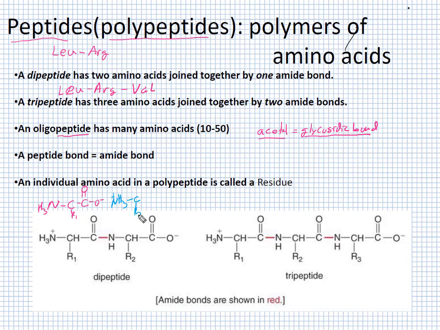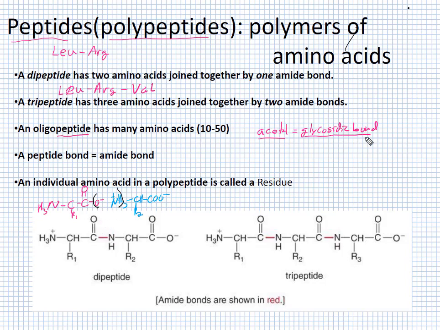Right? So we'll have our two parts react together. You have the acid and the amine. Remember that chapter on amines and amides? The way we make an amide, we react carboxylic acid with an amine, and we get the amide.